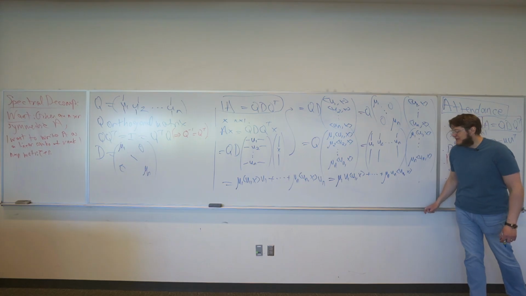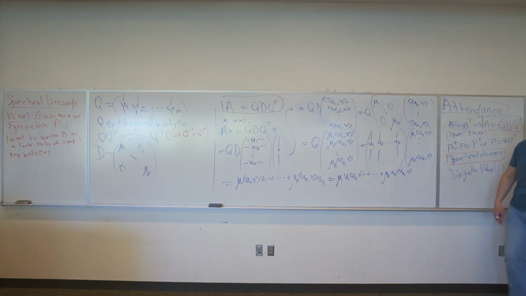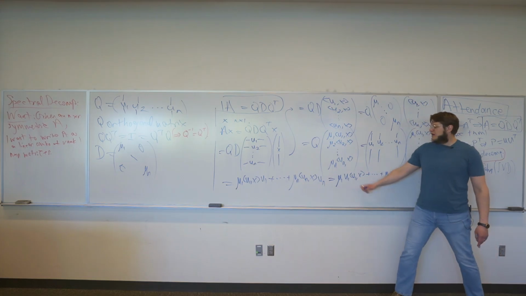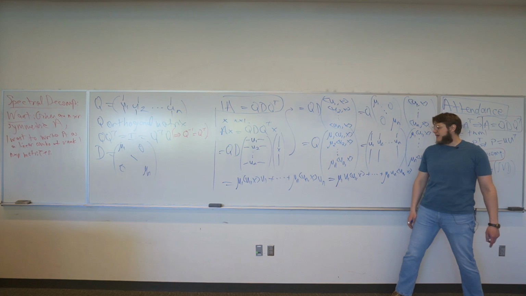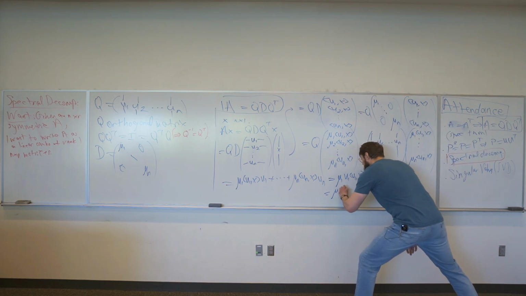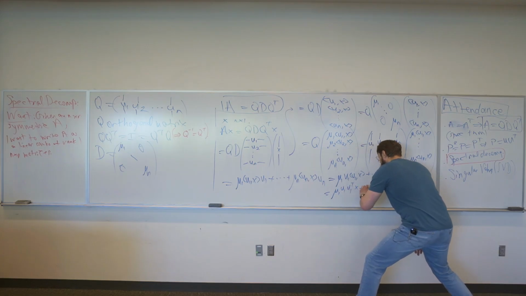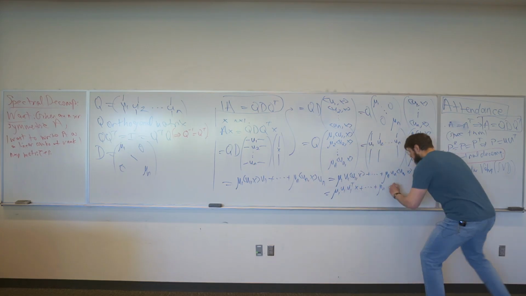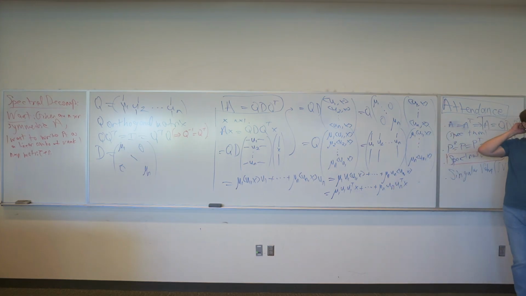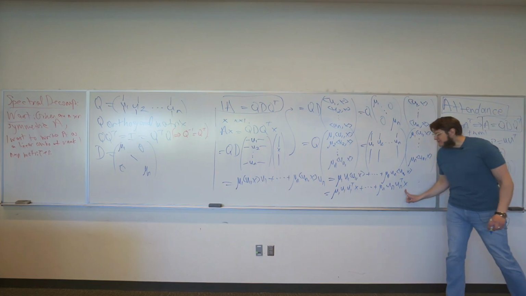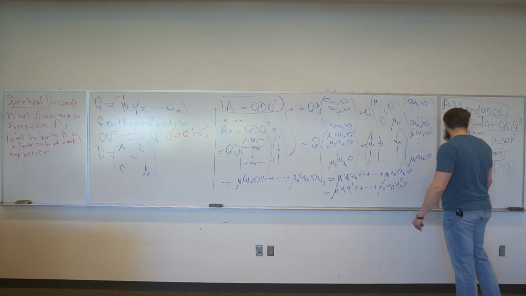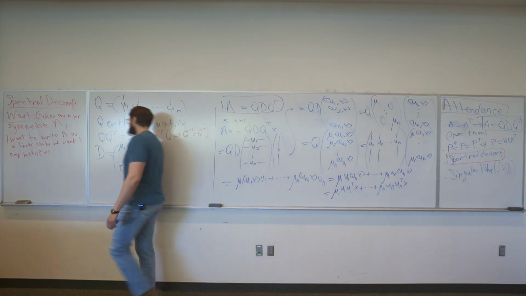Then I can realize that this inner product, for instance, is nothing but u1 transpose multiplied by x, and so on. So I can write everything like this. But then I can factor out this x, because x is a factor in all of them, to collect the terms. And that gives me the spectral decomposition.